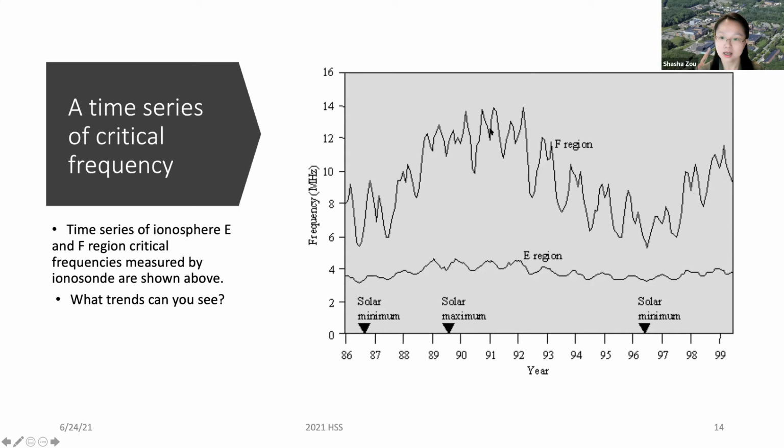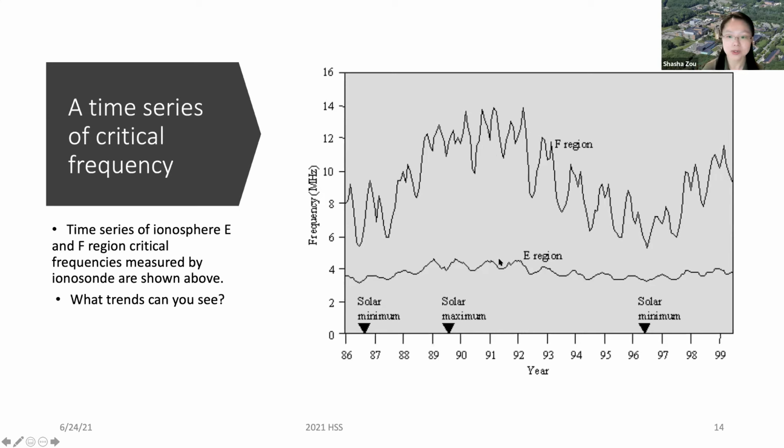So there is an interannual variation. So the ionogram, the long-term trend, provides us a lot of information about how the F region changes for different seasons, for different solar cycles. This is a very useful instrument for ionosphere physicists.